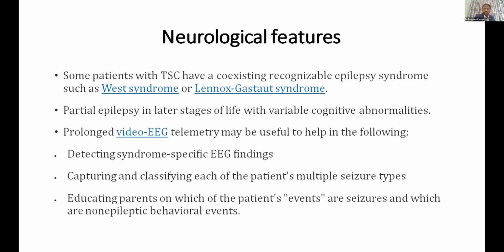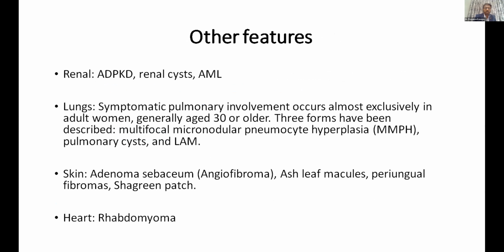We must do prolonged video EEG because we want to detect specific syndromes related to these tubers, like Lennox-Gastaut or West syndrome. We must capture and classify each patient's multiple seizure types, and also educate the patient's relatives about what are ictal events and what are non-ictal events after the video EEG.